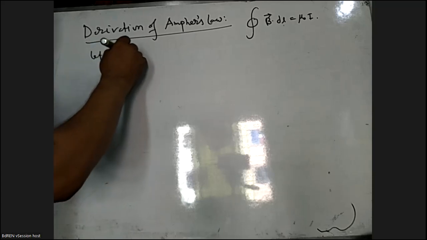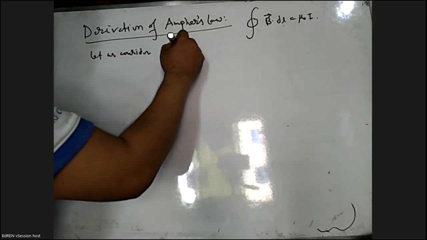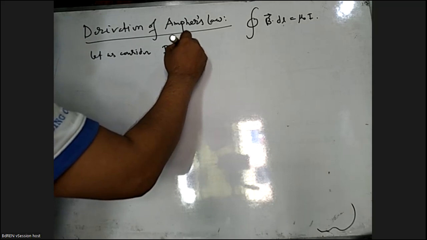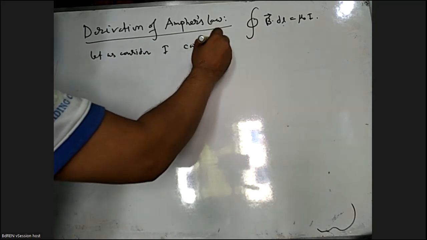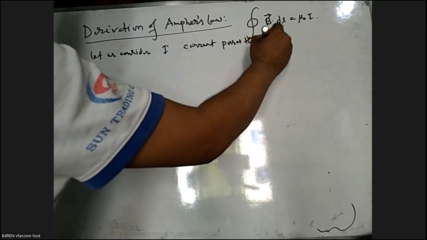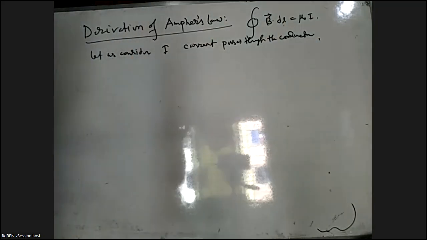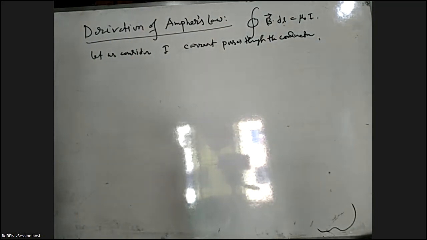Let us consider current I passes through the conductor. Then due to this current, a magnetic field will be produced.